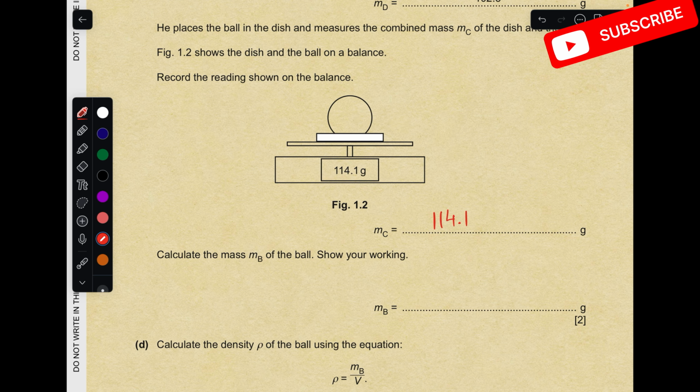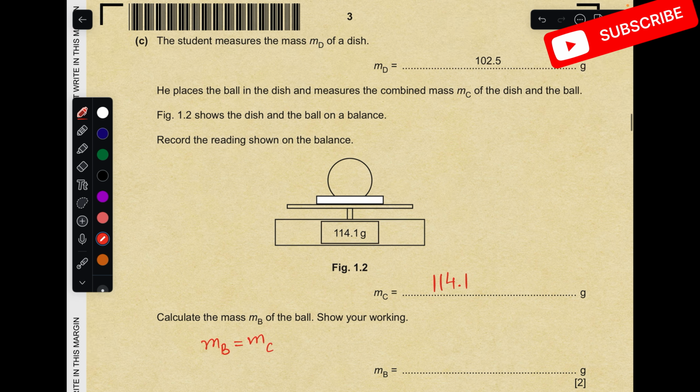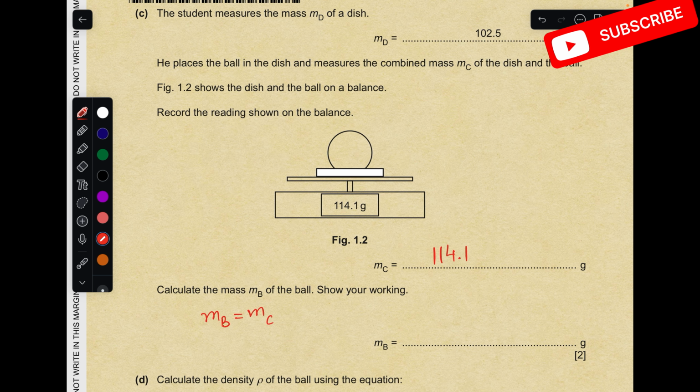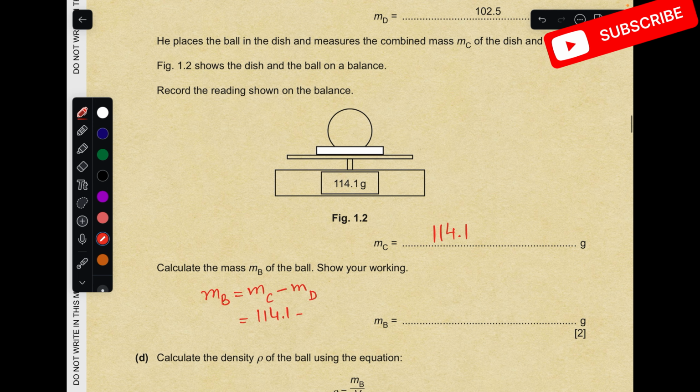So the mass of the ball, mB, is basically mC, dish and ball combined, minus mD. mC is 114.1 minus mD, that is 102.5. Do the calculation, you will get 11.6, units already given here.